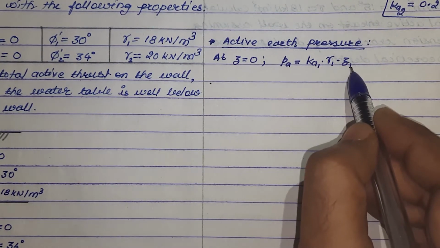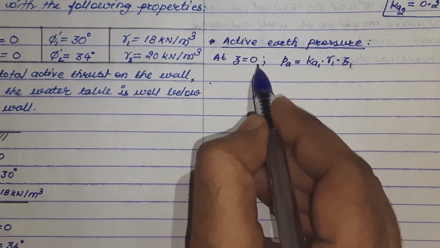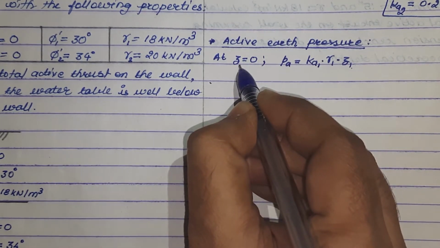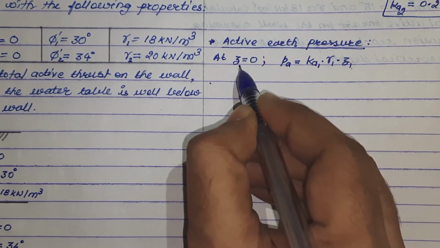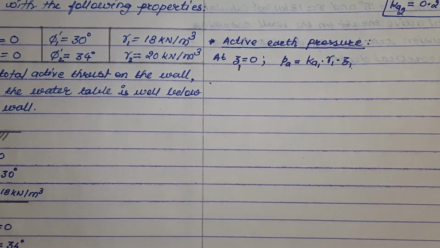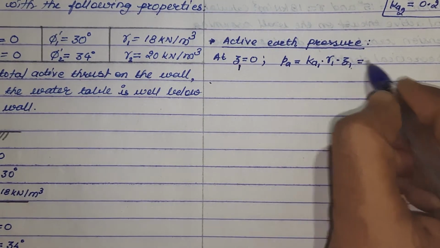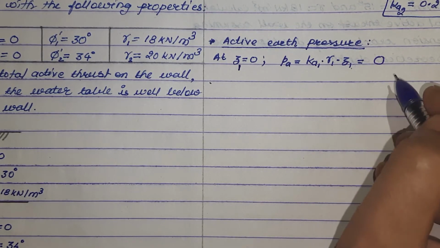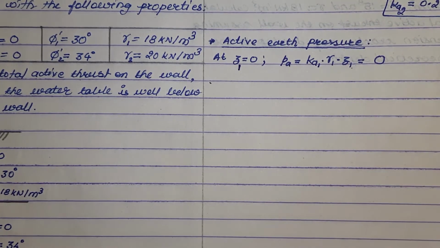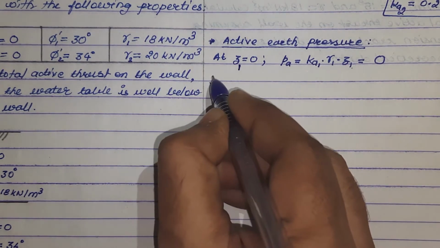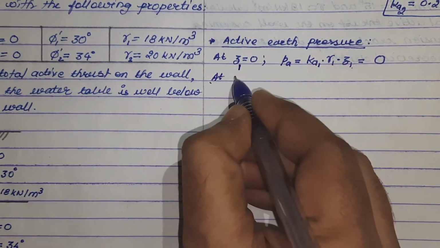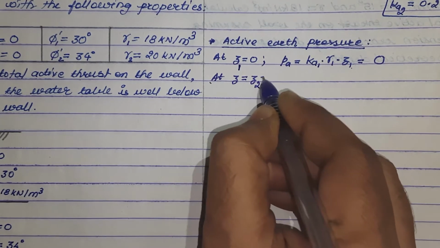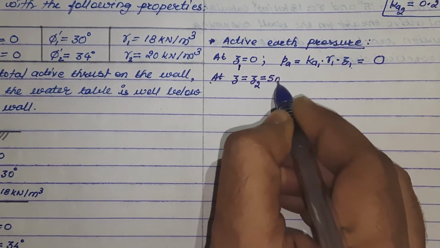Here Z1 means Z equal to 0. So this is going to be 0. So at the ground surface, active earth pressure will be 0. Thereafter, we will be calculating earth pressure at Z2 equal to 5 meter.